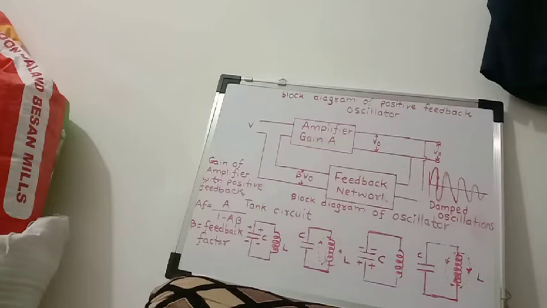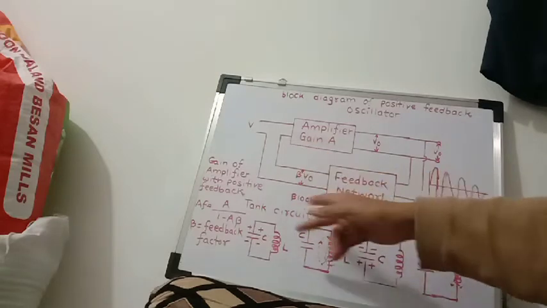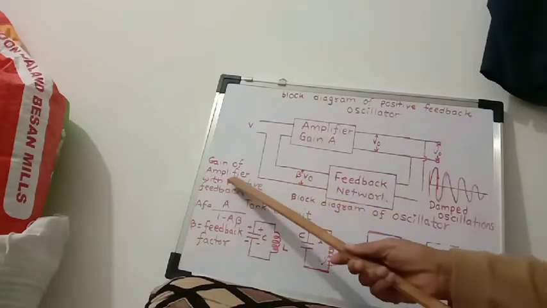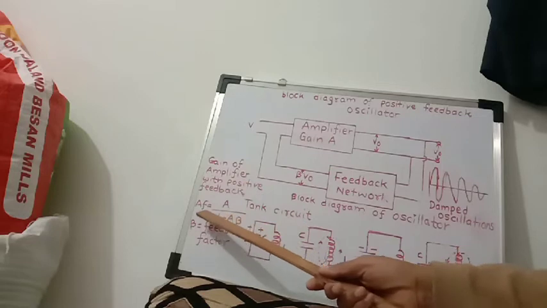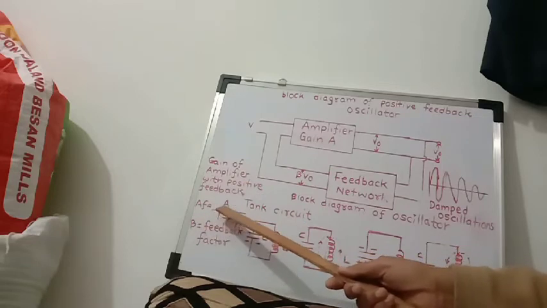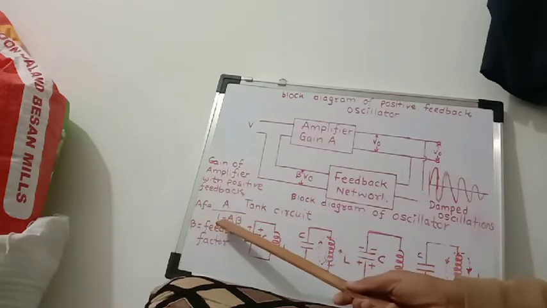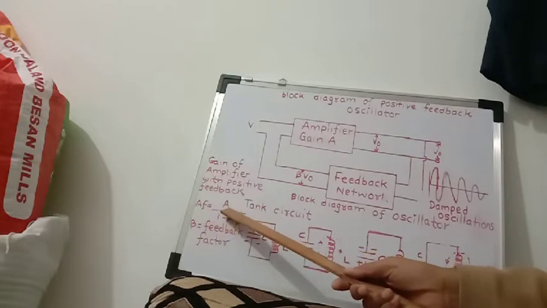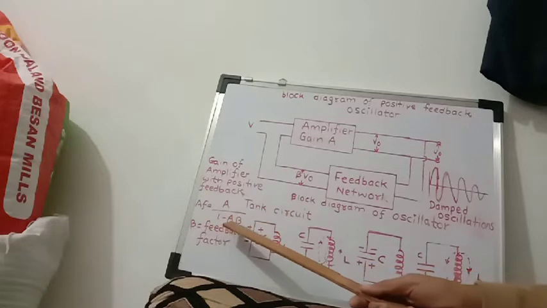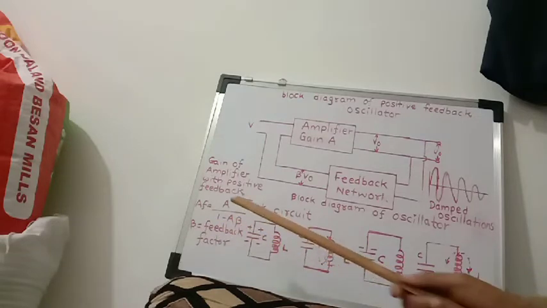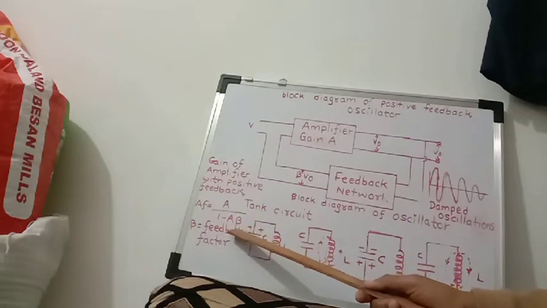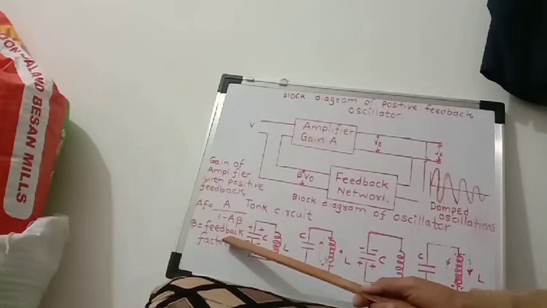The gain of the amplifier with positive feedback is AF equal to A divided by 1 minus A beta, where A is the voltage gain and beta is the feedback factor.